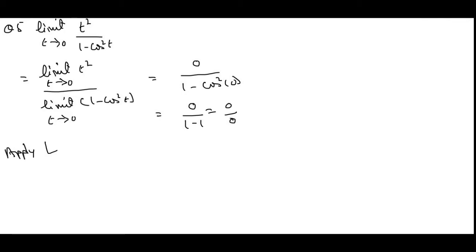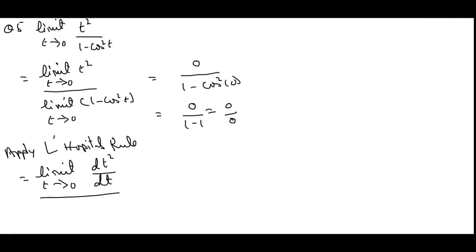Applying L'Hopital's rule, limit t approaches 0, d by dt t squared, because we are differentiating with respect to t. Here the variable is t. Limit t approaches 0, d by dt 1 minus cos squared t.